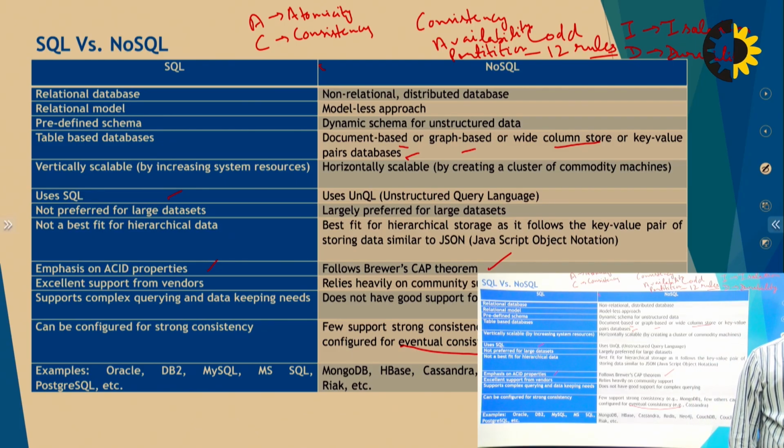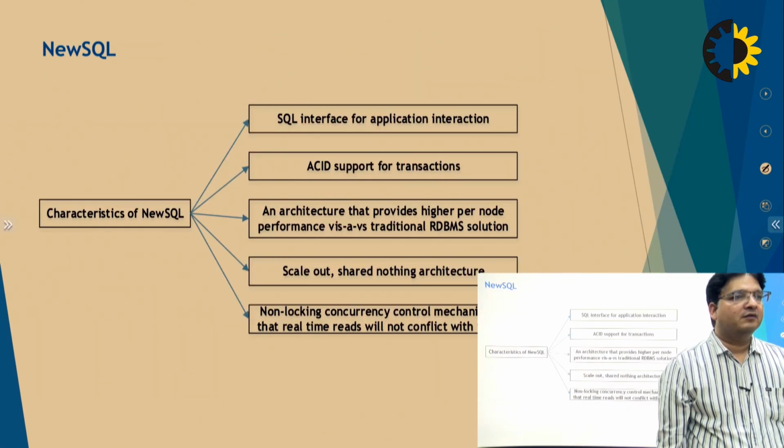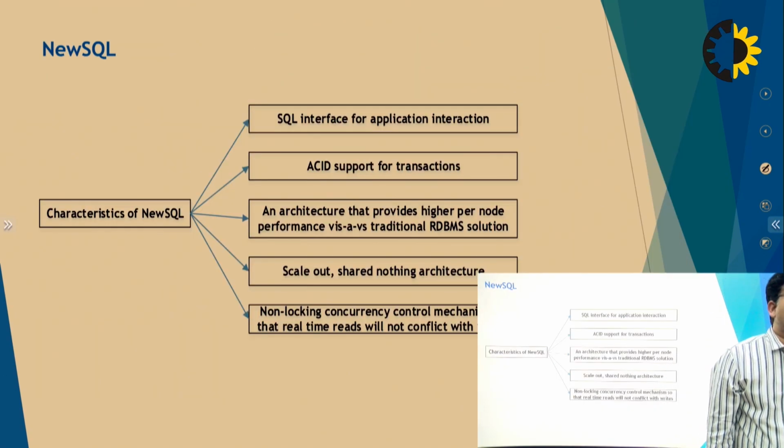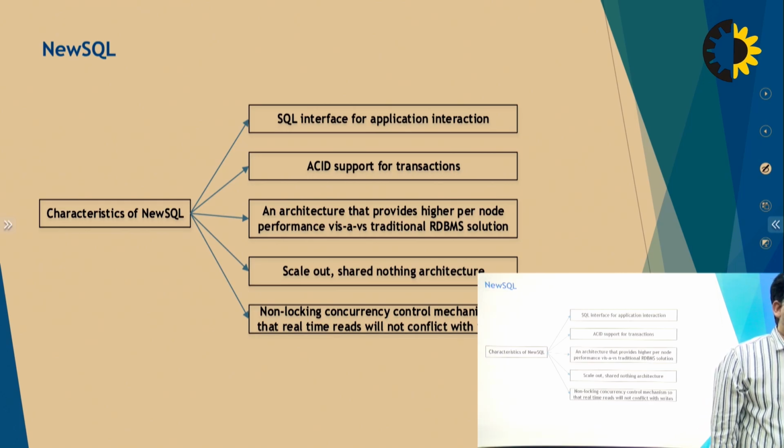Now, examples of databases which use SQL are Oracle, DB2, MySQL, MS SQL, Postgres, etc. And examples of NoSQL databases are MongoDB, HBase, Cassandra, Redis, Neo4j. It has a SQL interface for the application interface, and it supports the ACID property for the transaction, and it provides an architecture with higher per-node performance vis-a-vis traditional DBMS.